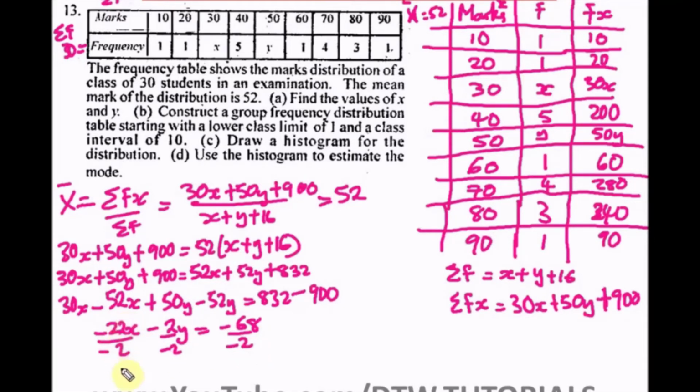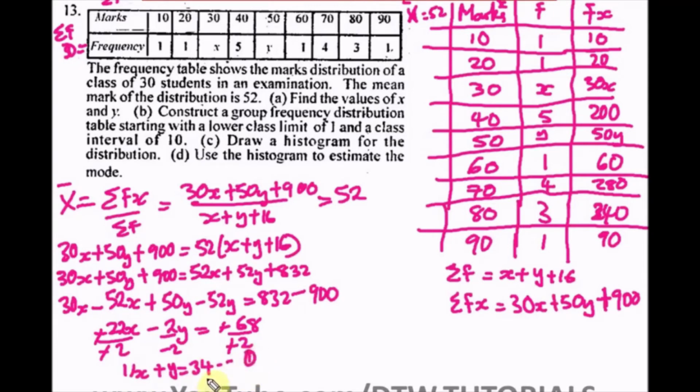So 22 divided by 2 gives us 11, and the negatives cancel out, so we have 11x plus y equal to 34. So this is equation 1.